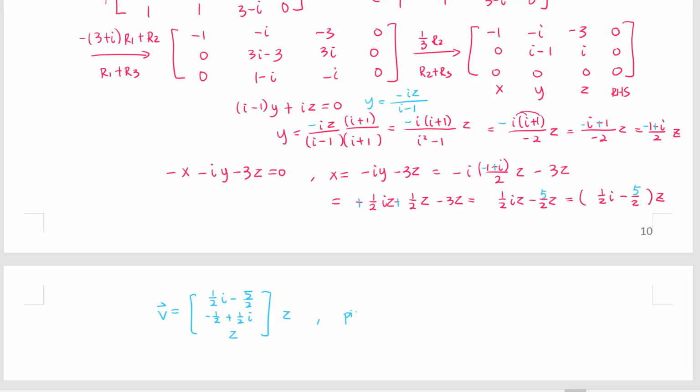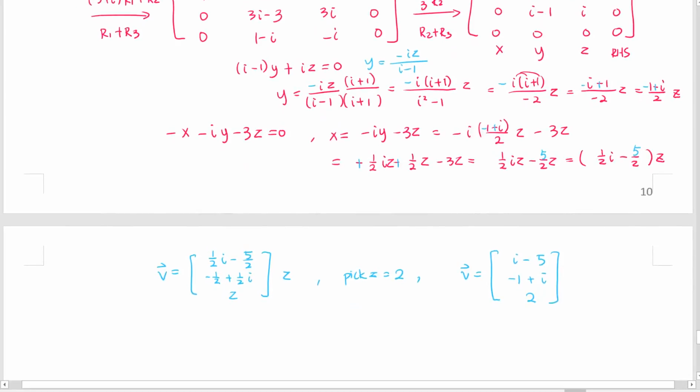So we can pick z to be 2 to get rid of the fractions. So v is, multiplying by 2, I minus 5, and then minus 1 plus I, and then z is 2. Okay, so this is our eigenvector.